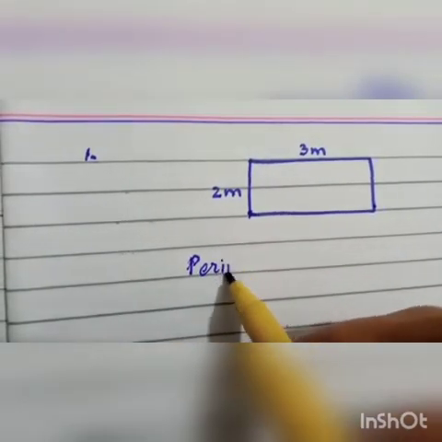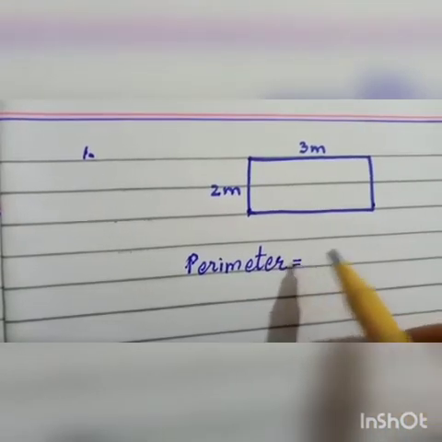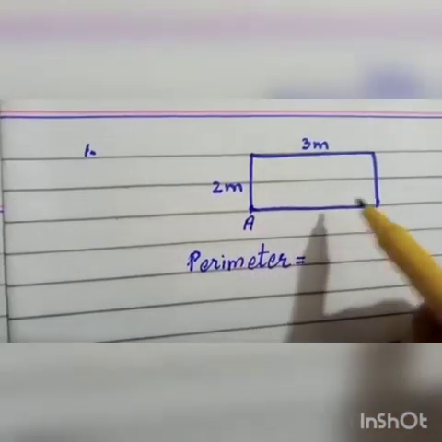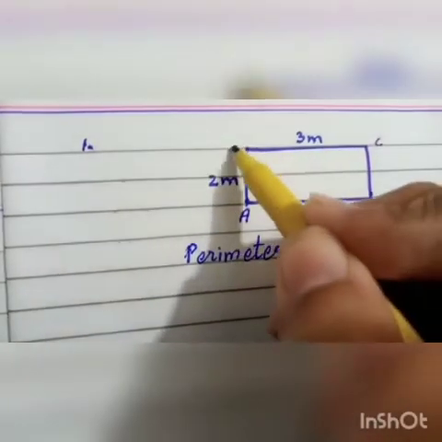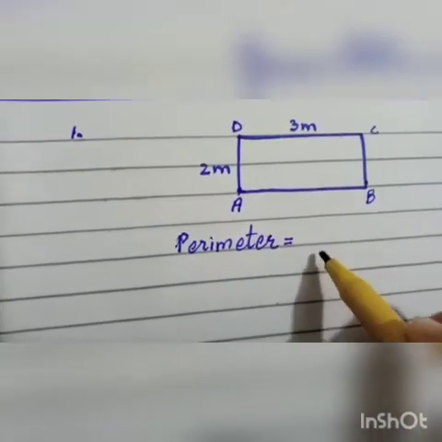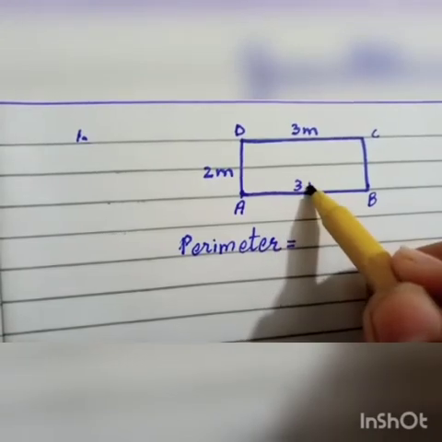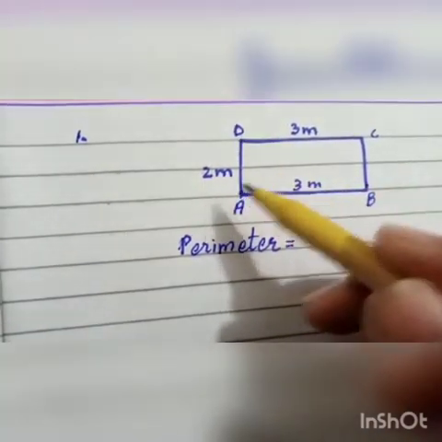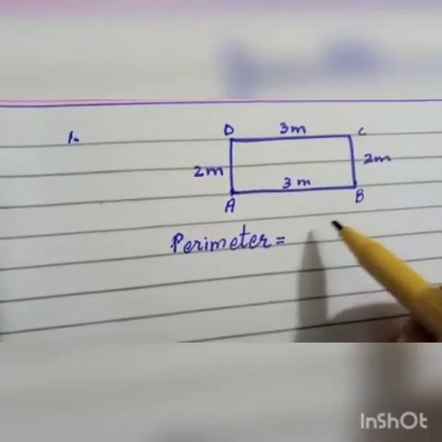Perimeter equal to, first we will point the names of each edge: A, B, C, D. It means that the length of this side is 3 meter, then the length of this side AB is also 3 meter. And the length of the side AD is 2 meter, then the length of the side BC is also 2 meter.